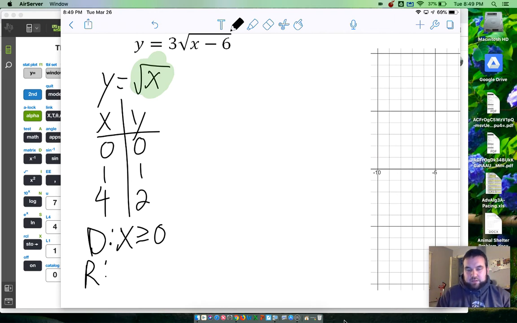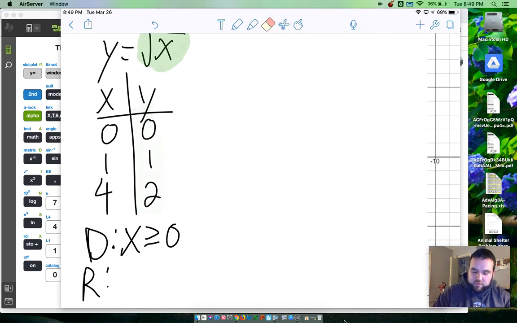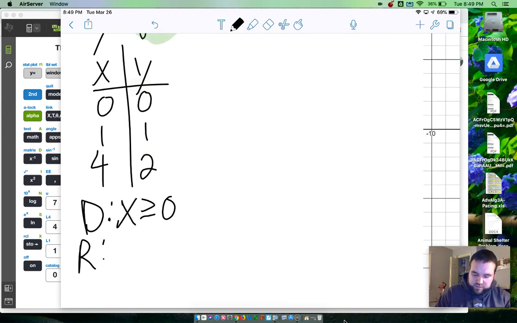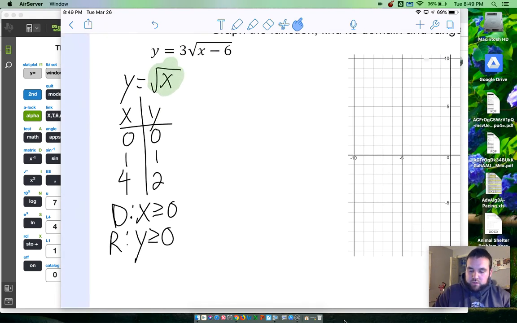As you can see, 0 is the smallest number. If I were to keep this table going, the y values would only keep increasing from 0, 1, and 2. And it's not going to go negative because I can't get a negative when evaluating a square root. So I would say the range is y is greater than or equal to 0 also. Okay.